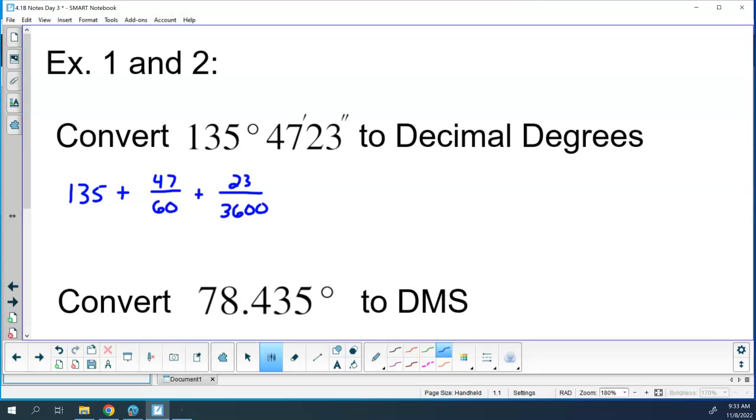Agree? Okay. And I get 135 point, we'll round, I should have told you round to 3, 790. Really, I get 135.78972222.